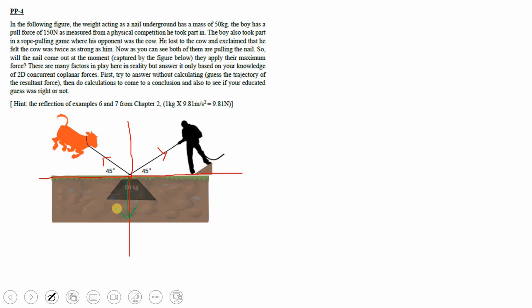Before we begin, let me just clear it out right over here. So here in the green, we have our coordinate system, and in the red, we're going to have our forces. There you go, that's one force, that's another force. This force is 150 newtons, and this force is 300 newtons. And then we know the angles. These two angles are 45 degrees, and then we have another force that we have to figure out.